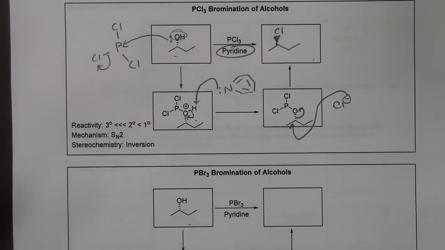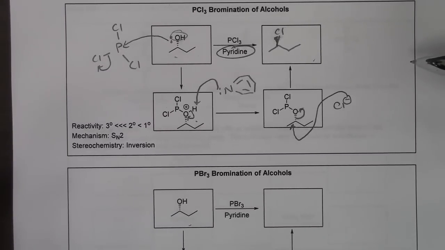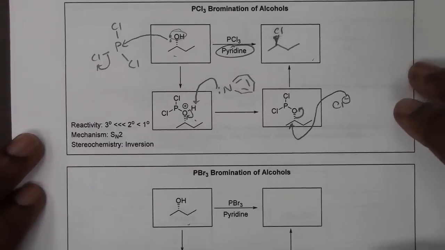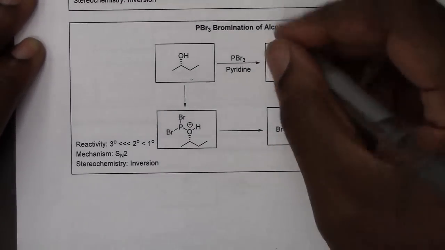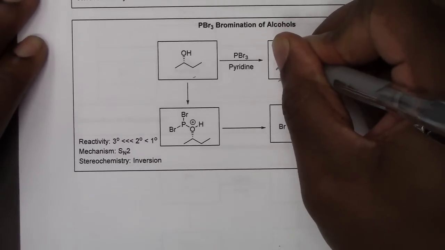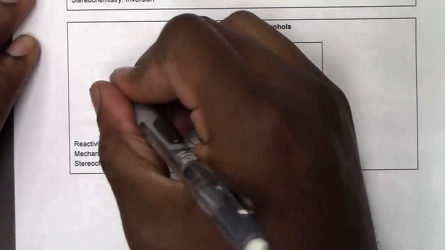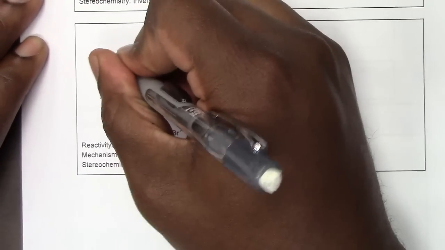So again, I want to stress that this particular reaction is an SN2 reaction, as is the SOCl2 on page 3 and the PBr3 mechanism on the bottom of this page. So similarly, PBr3 and pyridine will add a bromine, SN2, in place of the oxygen. Same type of mechanism that we did above, except we are swapping out chlorine for bromine.